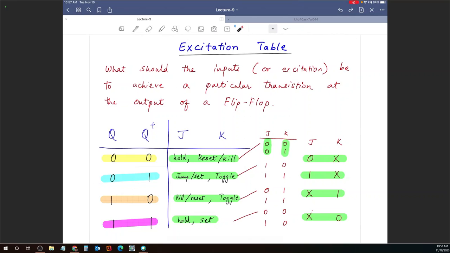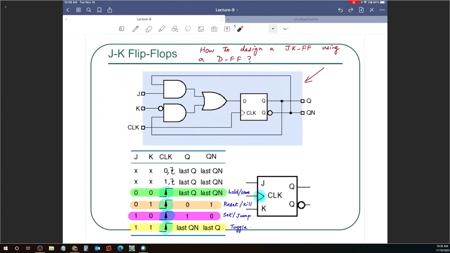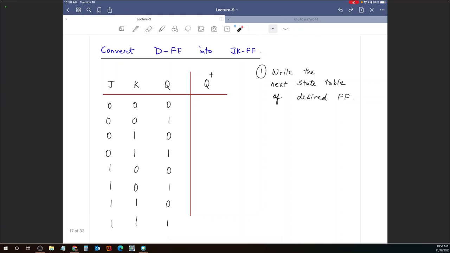Now, if you are comfortable with the excitation table, we are essentially ready to learn how to convert a flip-flop to another flip-flop. How do you design a JK flip-flop using a D flip-flop? Let us try to do that over here. The example I'm going to work through is converting a D flip-flop into a JK flip-flop.